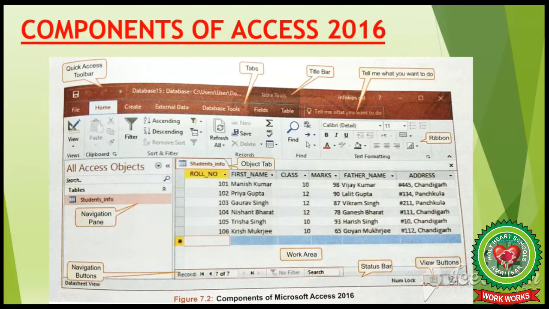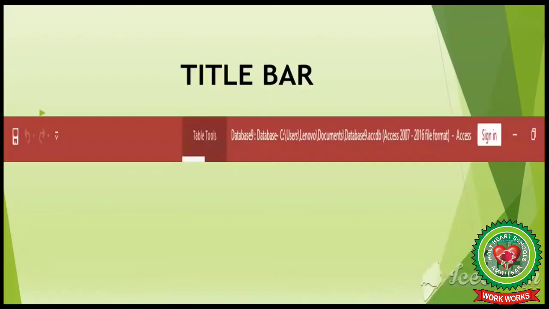So now I am going to discuss one by one. Title bar is located at the top of the window and displays the name of the active database. Like here the active database is database 9, means I'm working on database 9.